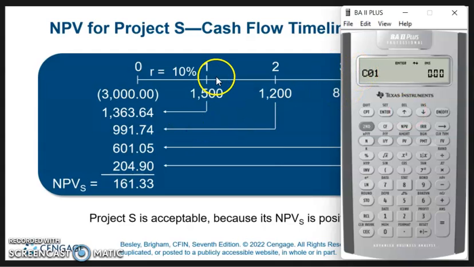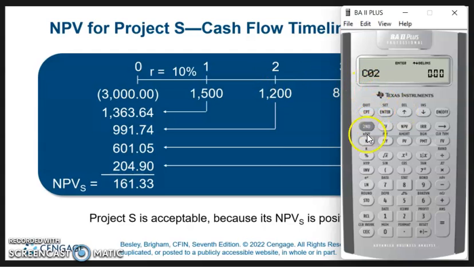So C01 is the $1,500. Enter. And then right here, F01 is frequency. Default is 1. These cash flows only occur one time, so we don't have to worry about the frequencies.